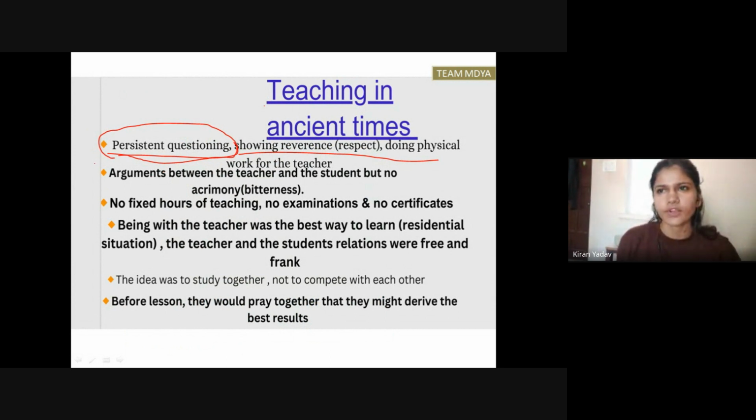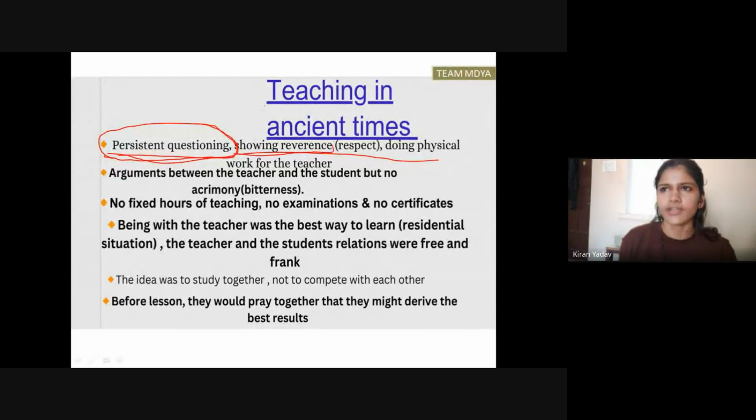So overall, to make us intellectually grow, to make us learn, persistent questioning is required. Next is showing reverence, respect for the teacher.